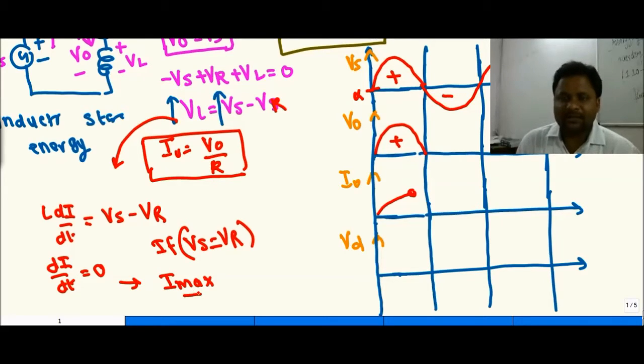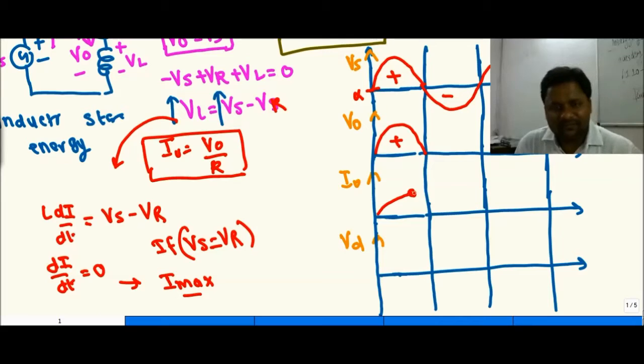The maximum current represents that there is no voltage drop across the inductor. That means VL equals Vs minus Vr. If Vs equals Vr, then di by dt is 0 and the current becomes maximum, because at this point there is no di by dt.